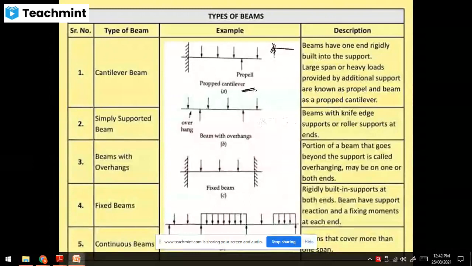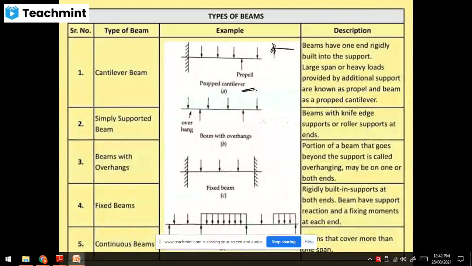Then overhanging beam: one end is fixed, the other is simply supported, and the projecting portion is a cantilever. This portion is called the overhang. There can be an overhanging portion on both sides of a simple beam.